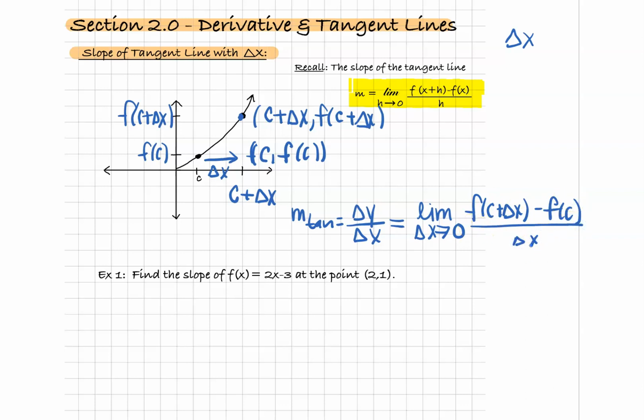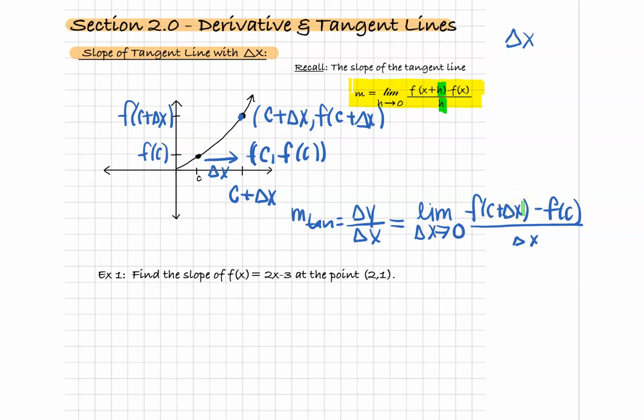I'm switching my notation to delta x not to be difficult, but because that is what you're going to see in multiple textbooks and moving forward in courses, with Greek letters such as this delta x. Compared to what we already knew for the slope of the tangent line, we're just switching from h to delta x.